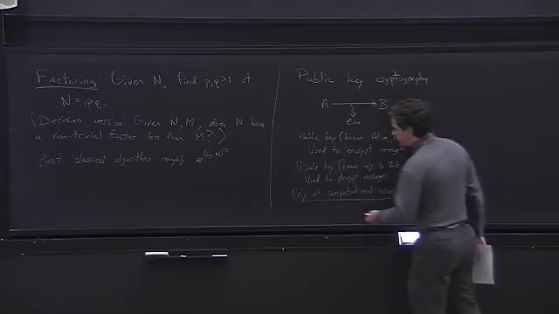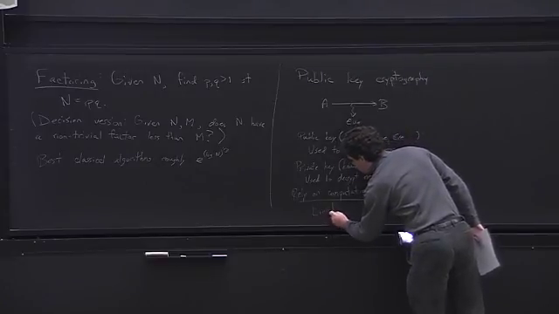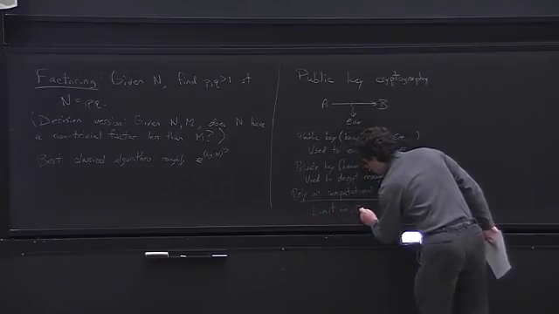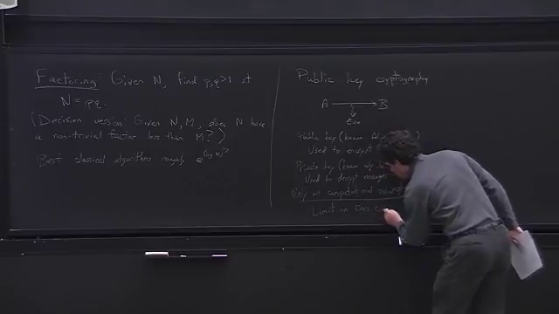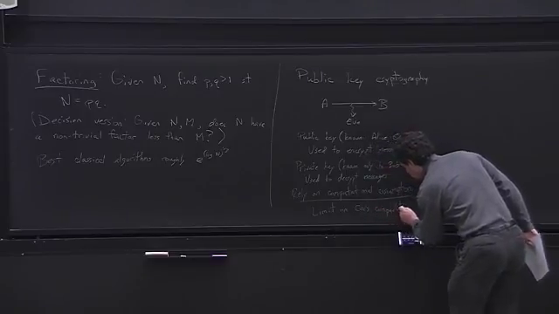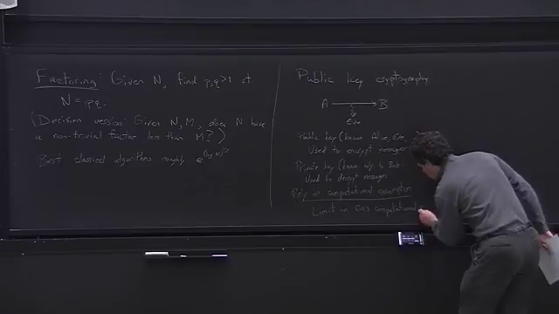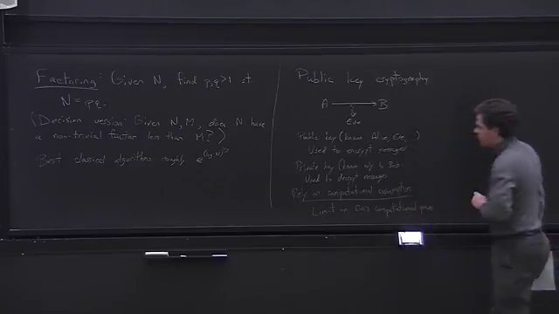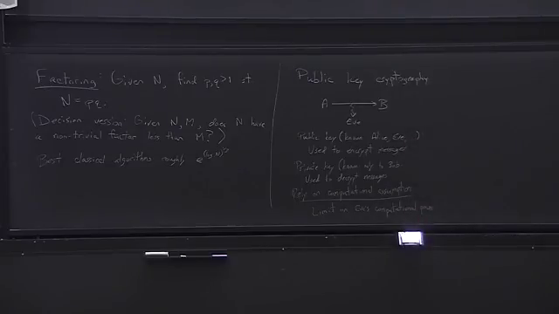So there's a limit on Eve's computational power. Does this make sense? Okay, let me run through RSA so you'll see a concrete example.